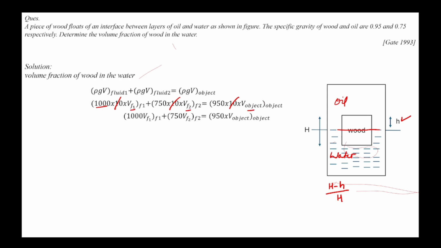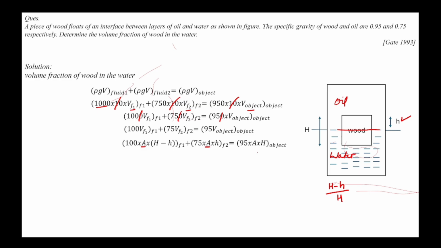Put in the value of every density. Now we'll cut the zeros from here. Now here is volume. The area will be the same, whether in the oil or in water, that is length into breadth, but the height changes. So the area will cancel out, but the height changes. In water it is H minus h, as I told you, H minus h.